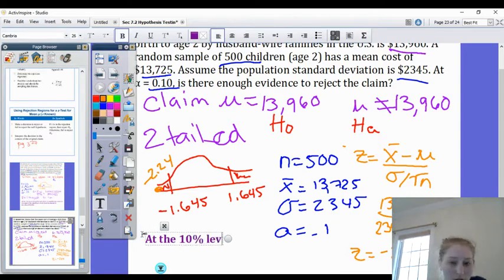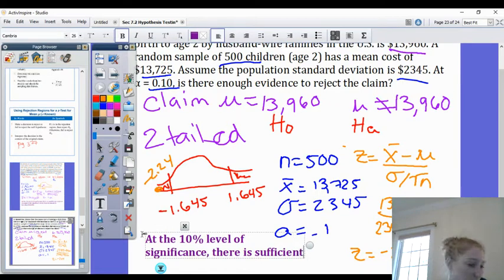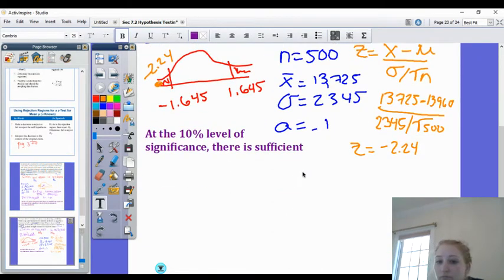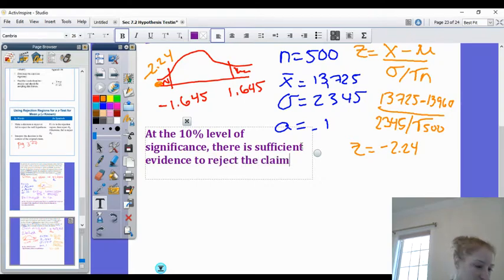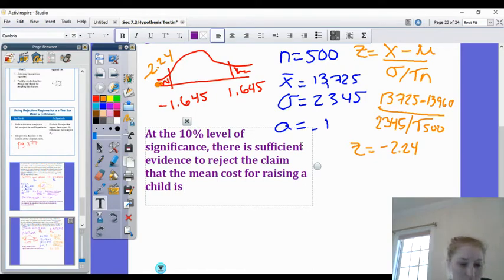At the 10% level of significance, there is sufficient evidence to reject the claim that the mean cost for raising a child is $13,960.